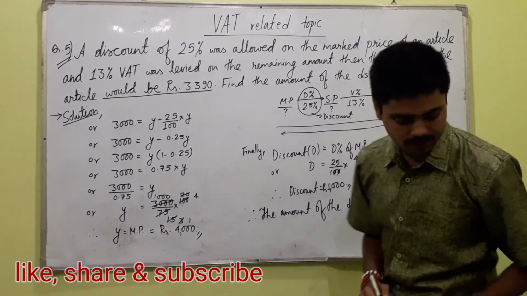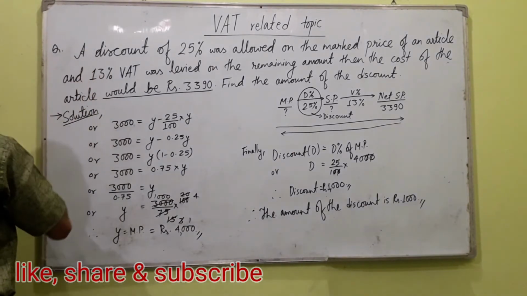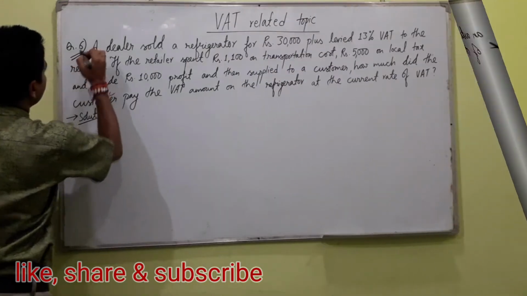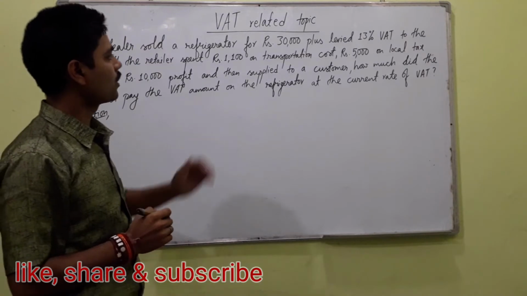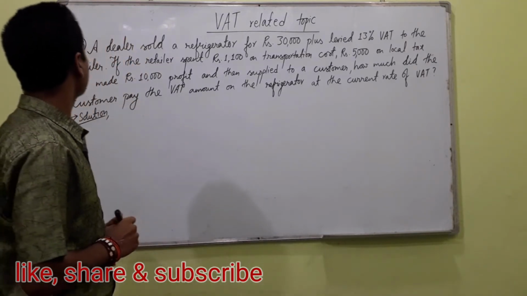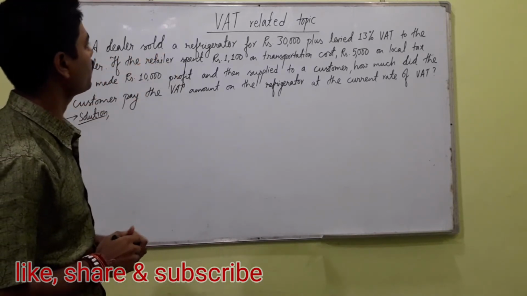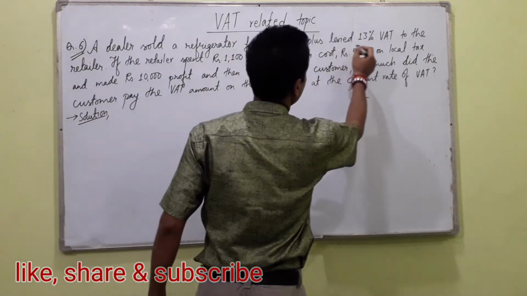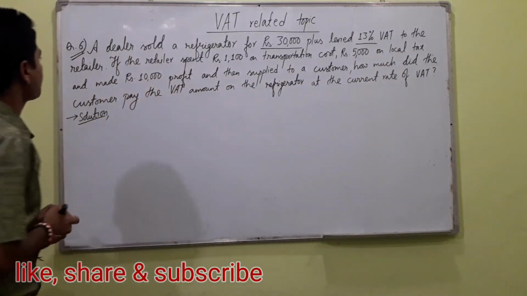Now the next question is question number 6. Here in question number 6, the question is a long type of question. It comes for 5 or more marks, and the question looks like this. The dealer sold a refrigerator for rupees 30,000 plus levied 13% VAT to the retailer.